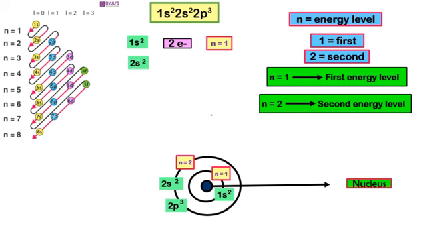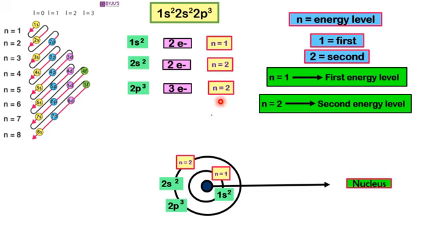The 2s2 having 2 electrons is positioned in n equals 2, the second energy level, and the last configuration, 2p3 having 3 electrons, is located in the second energy level, n equals 2. So simple as this, let us distribute the electrons.